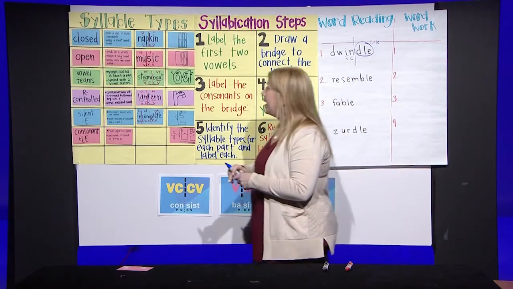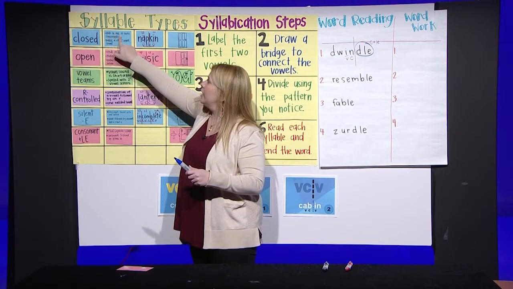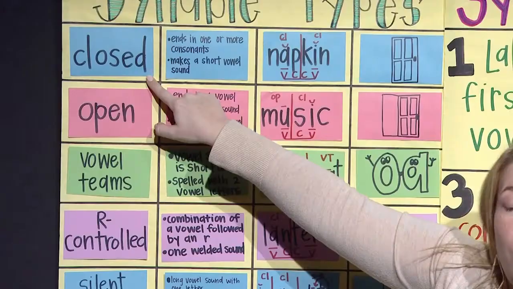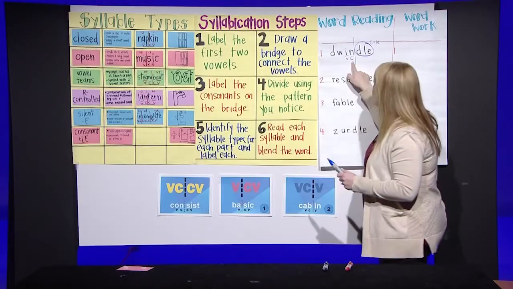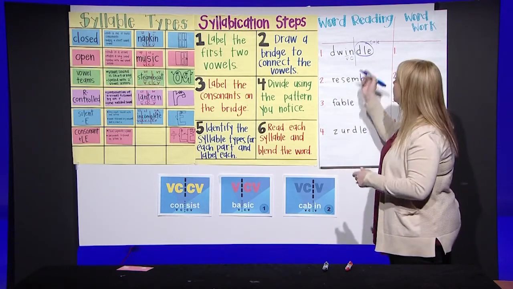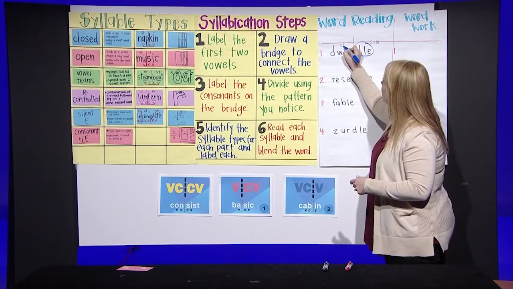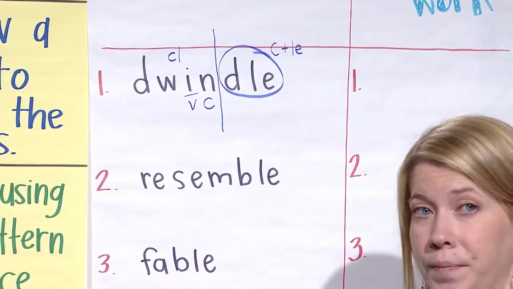Let's move to my anchor chart. This first one right here says ends in 1 or more consonants. Those are closed syllables. So this word part ends in a consonant. So this syllable is going to be closed, which means this vowel will make a short vowel sound. Okay?